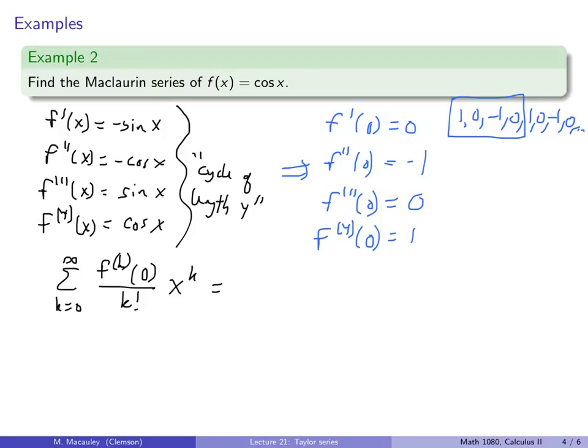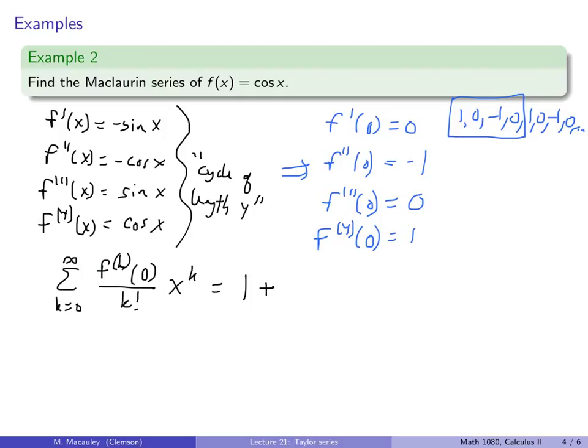So the k equals 0 term is going to be 1 over 0 factorial times x to the 0. So that's going to be 1. The next term is the k equals 1 term.